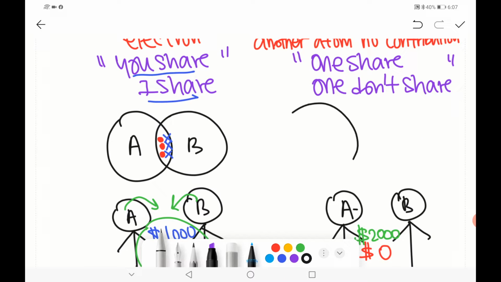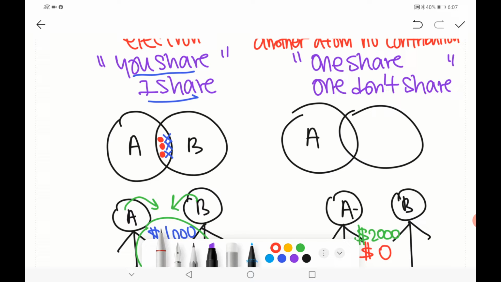If we draw it like this: we have two atoms, A contributes 2 electrons to share with B, and B does not make any contribution at all. This special concept of sharing electrons, we call a dative bond. This is very unique, very special.